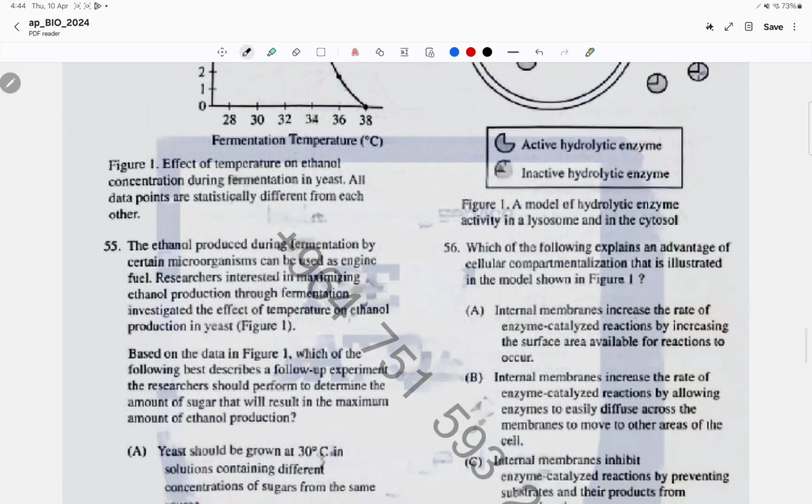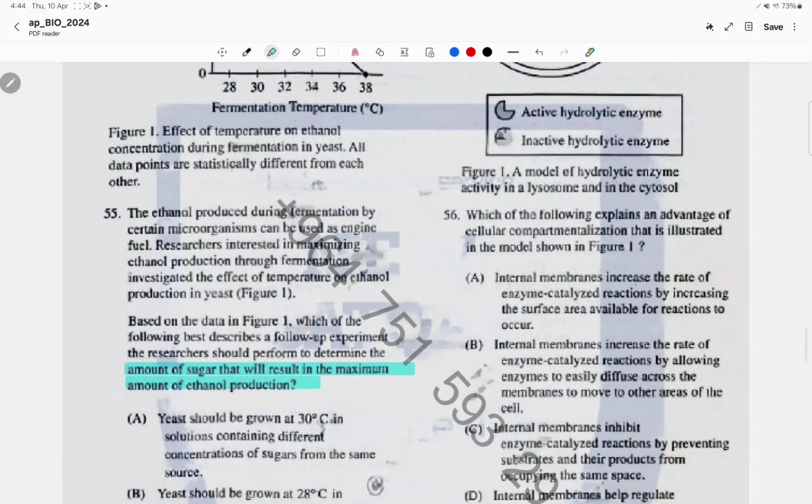Based on the data in figure 1, which of the following best describes a follow-up experiment the researchers should perform to determine the amount of sugar that will result in the maximum amount of ethanol production? So that maybe there is more sugar, there is more ethanol produced, for example.